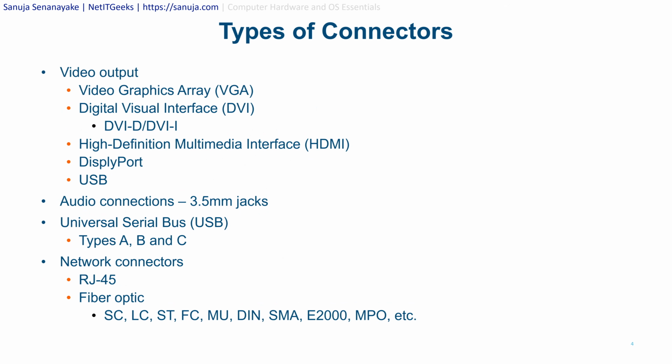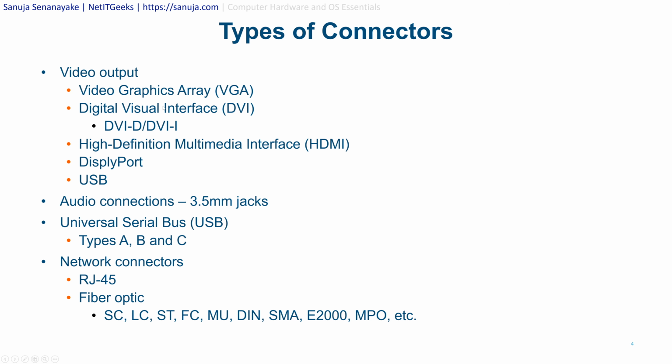Types of connectors. For video output, we have Video Graphics Array, also known as VGA, which is one of the oldest video connector types still in use. These are commonly found nowadays in enterprise and business servers because there is no need for any additional graphic capabilities.